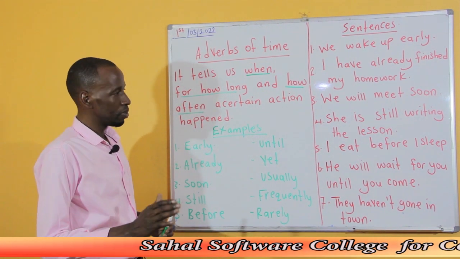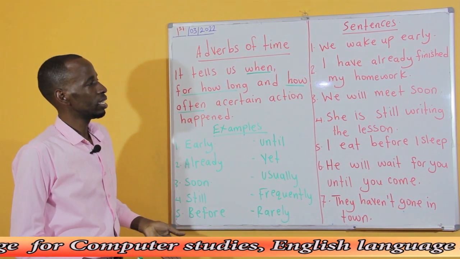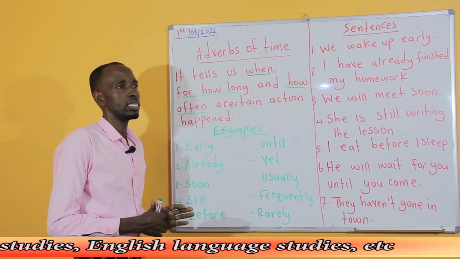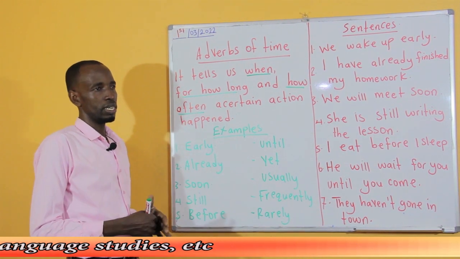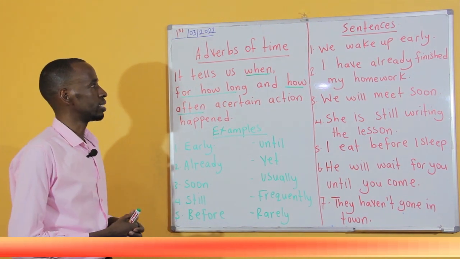If it's waking up, you wake up in the morning, then that is early. But if you wake up in the evening, we say it is late. So early is not very hard, because at this level you can understand it.